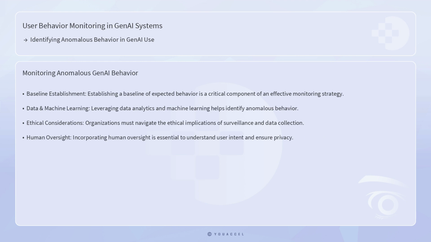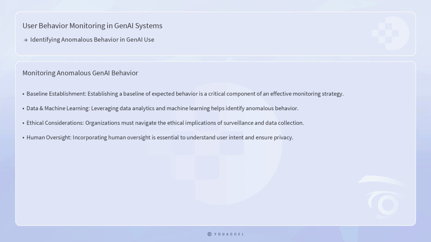In conclusion, identifying anomalous behavior in GenAI use is a multifaceted challenge that requires a combination of technical, human, and ethical considerations. Establishing a baseline of expected behavior, leveraging data analytics and machine learning, understanding user intent, and incorporating human oversight are all critical components of an effective monitoring strategy.